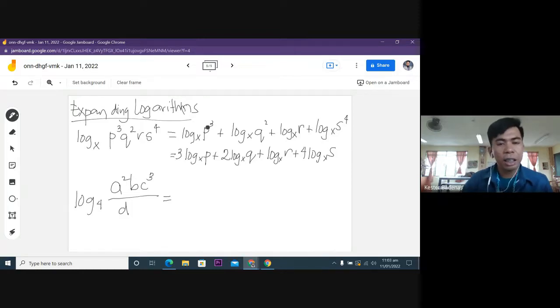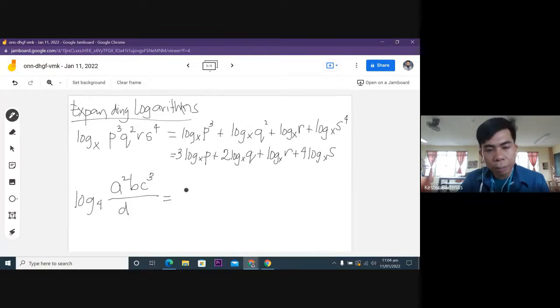Ayan. So, anong gagawin? Product muna. Okay? Ngayon class, since meron tayong product dito and quotient, i-group natin siya. Kasi, meron tayong dalawang operation. Pwede din naman siyang hindi i-group, pero para mas maganda lang, pwede namang i-group. Okay? So, sige, unahin natin yung product rule.